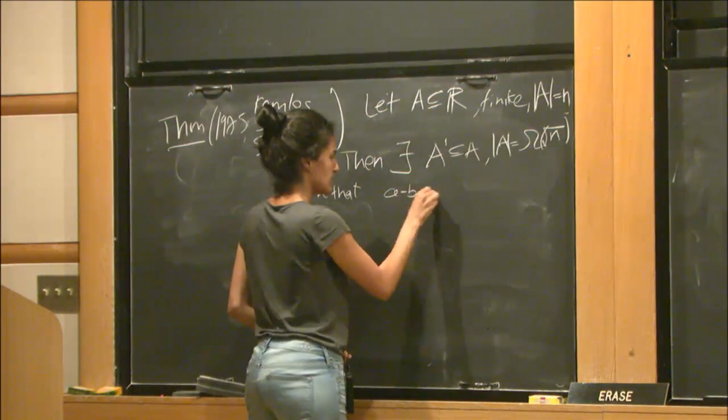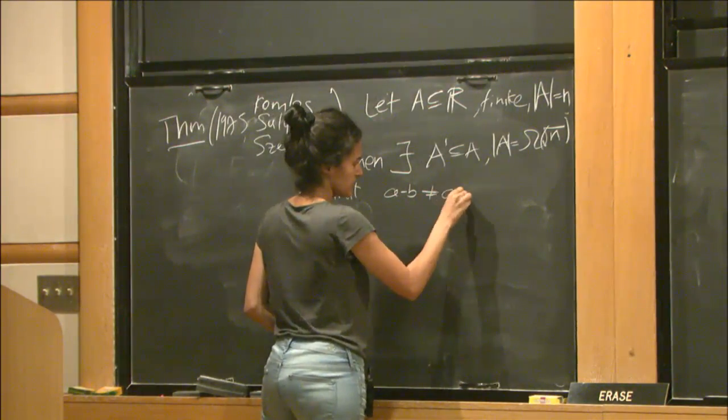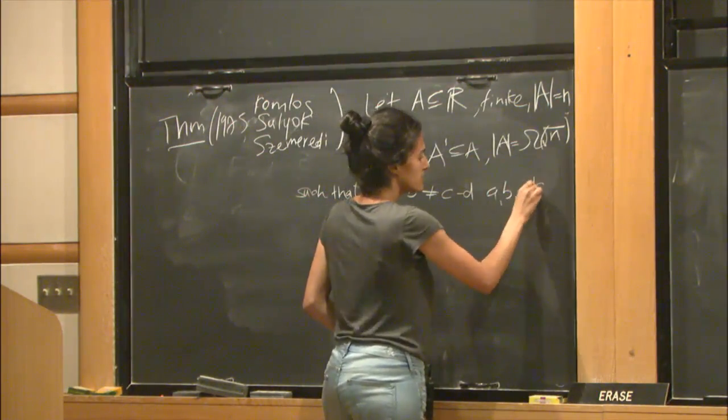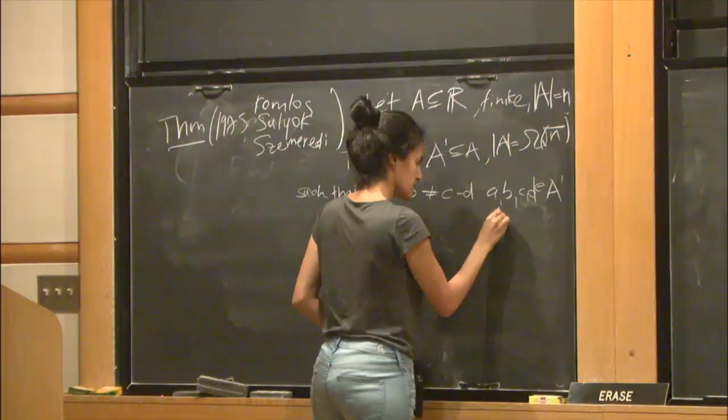So a minus b is not equal to c minus d for a, b, c, d in A prime, distinct.